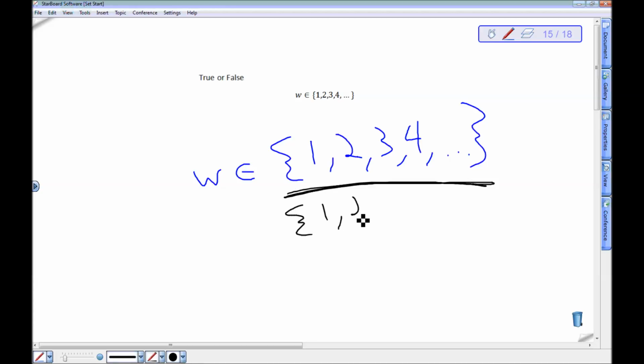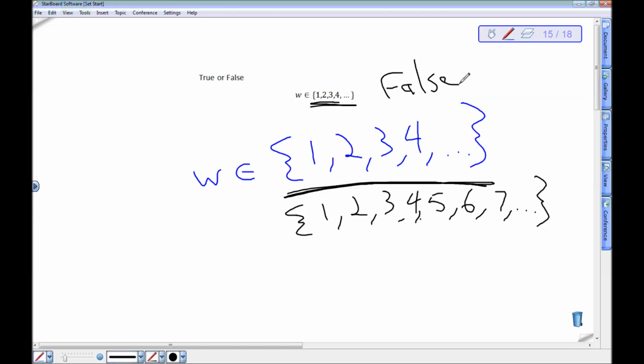The next thing after 5 should be 6, and 7, and so on. I don't want you to assume, well, maybe this has letters in it. Maybe it goes some crazy way. Because since we're all working together, if I write down this set, I mean to say, hey, I want all the whole numbers greater than or equal to 1, so 1, 2, 3, 4, 5, and so on. So W should not be in there, and this statement is false. W is not an element of that set.